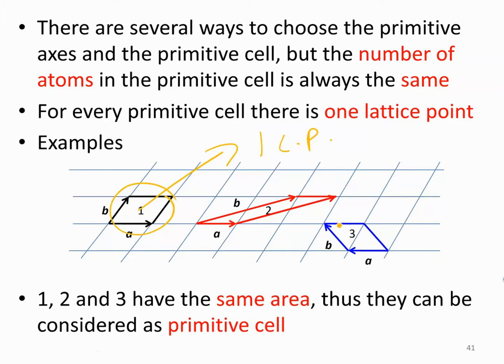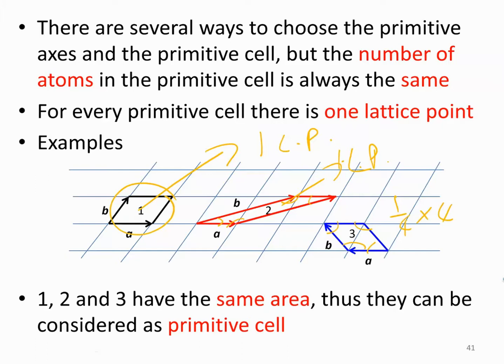Okay, same thing applies to this one. It's also 1 over 4 times 4. This one also, this part plus this part equal to half a lattice point. This part plus this part, another half lattice point. So the total will also be 1 lattice point. As long as it has only one lattice point, then we can define it as a primitive cell.